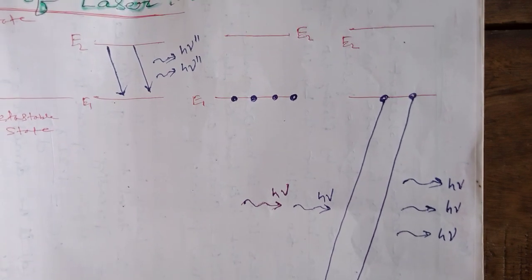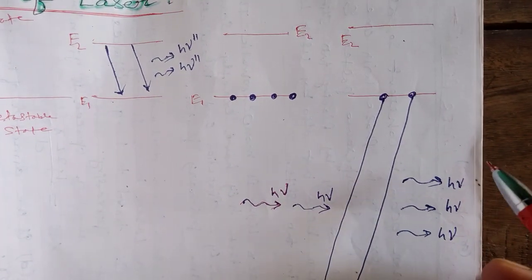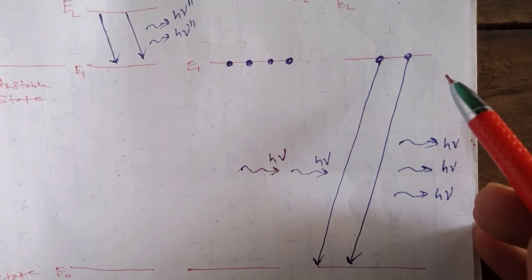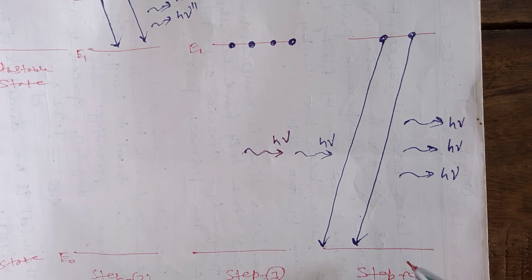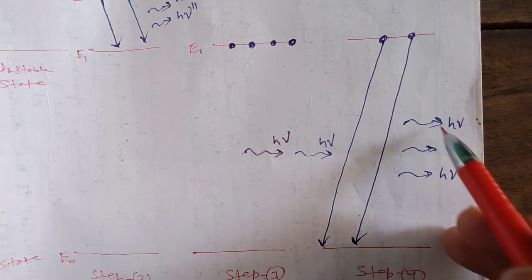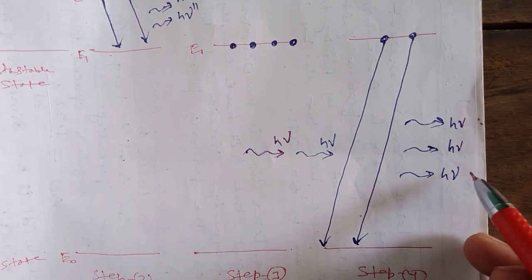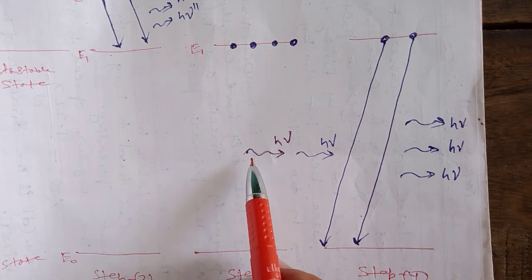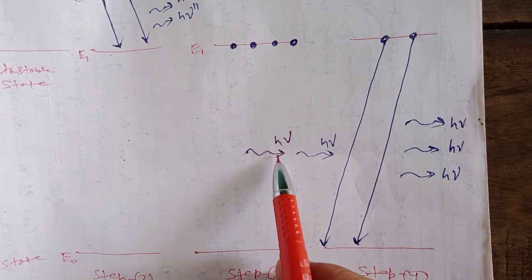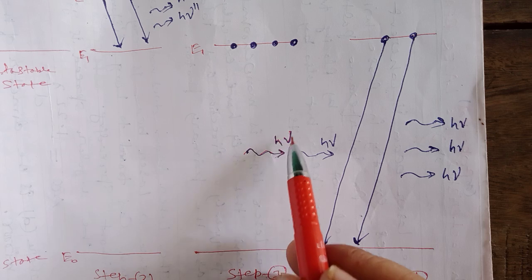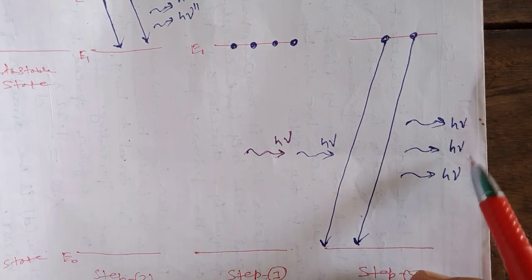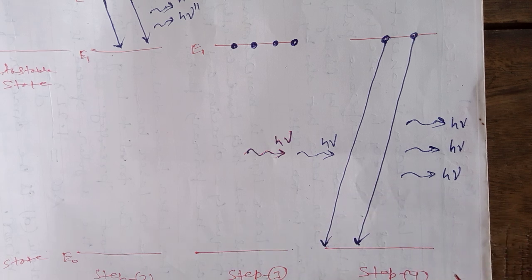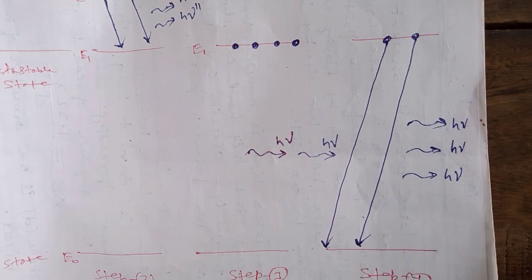In this step, the electrons jump from the metastable state to the ground state by emitting laser action, when a photon of energy h nu is incident on another photon, then the laser action will take place. So in this way the laser action is performed.